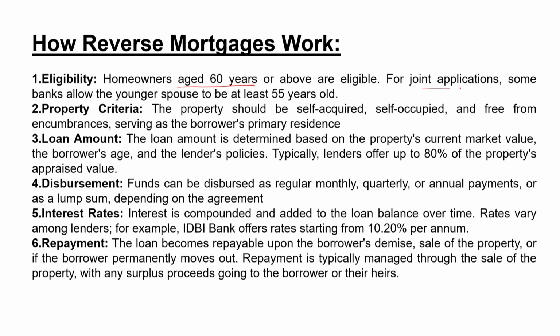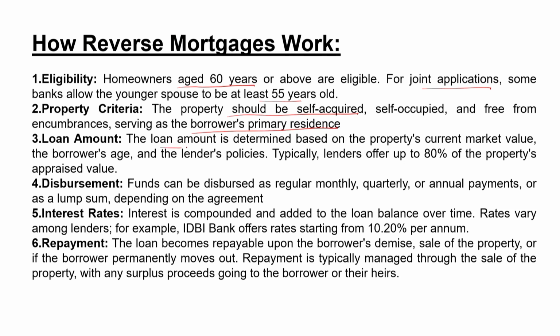In case joint applications are made, the younger spouse must be at least 55 years of age for taking such a loan. The property must be self-occupied or free from any kind of charges from other types of loans. So the borrower's primary residence may be there in case of the property that you are giving as a mortgage to the banking institution.